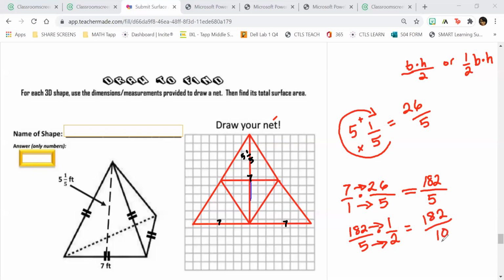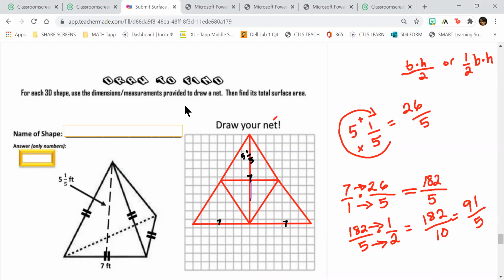So 182 and 10, they are both even. So they have a number in common that can reduce or simplify this, and that is 2. So I want to know what is 182 divided by 2, and it is 91. And 10 divided by 2 is 5. So your final answer here is 91.